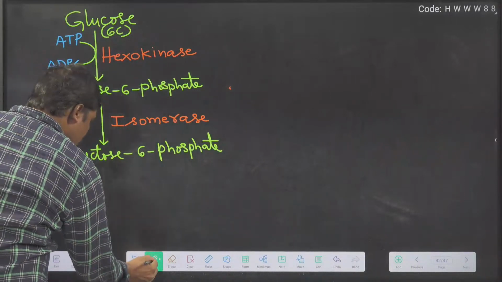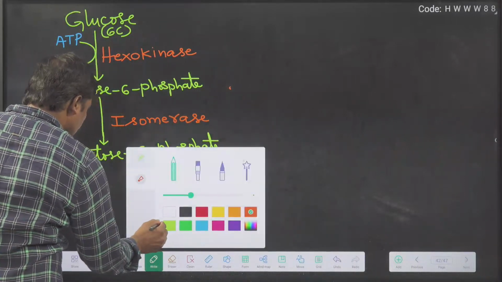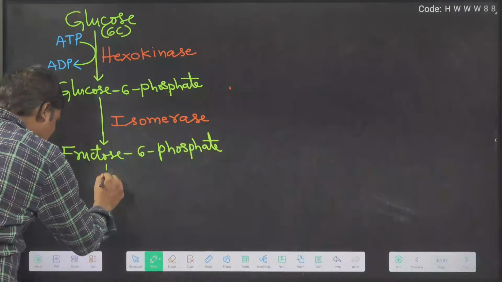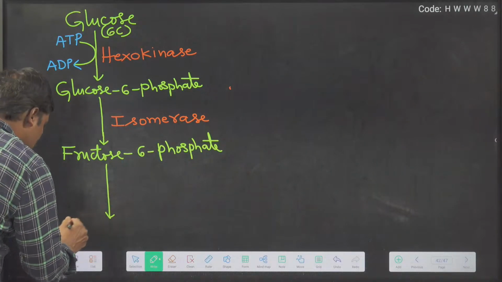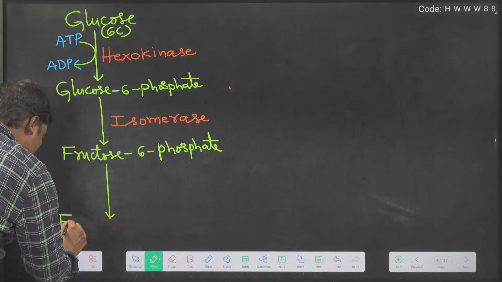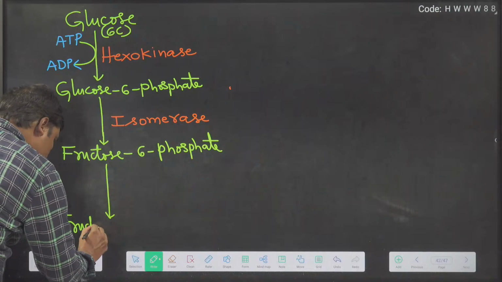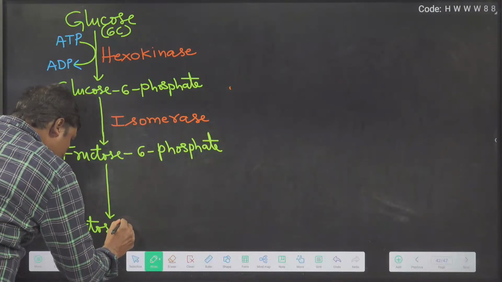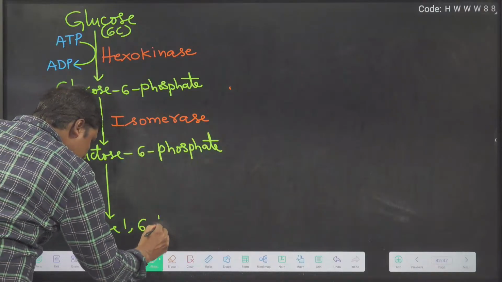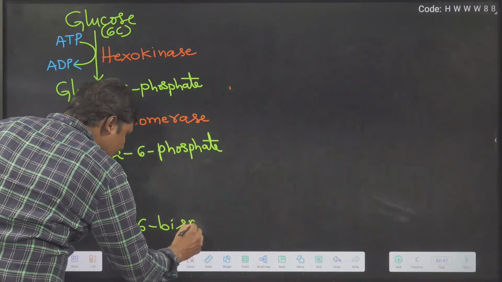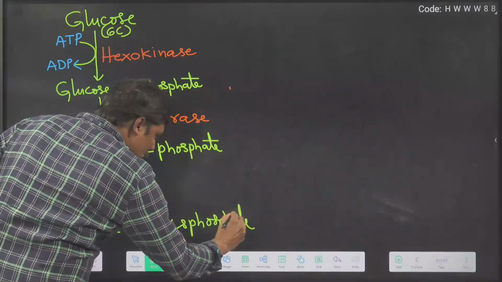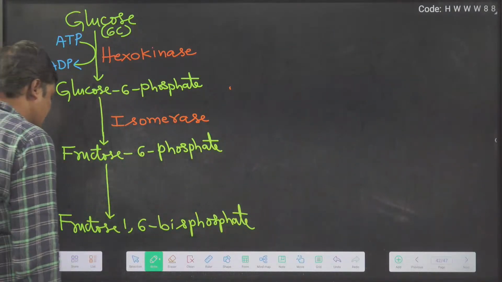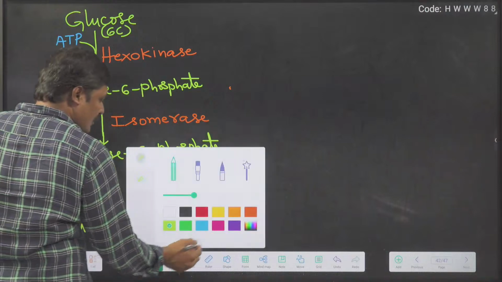Fructose 6-phosphate is again phosphorylated to fructose 1,6-bisphosphate.